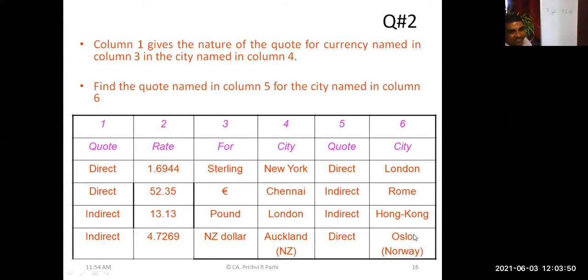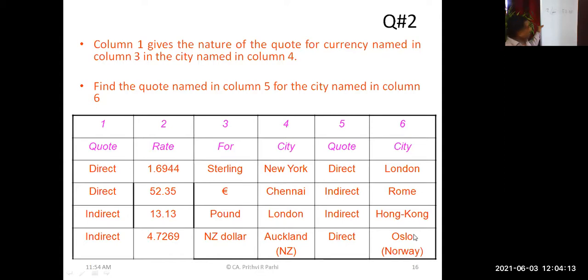Let us take it lira. So indirect for Rome. Indirect for Rome means what? So Rome currency, let us say lira, will be numerator or denominator. Indirect means foreign currency by home currency.